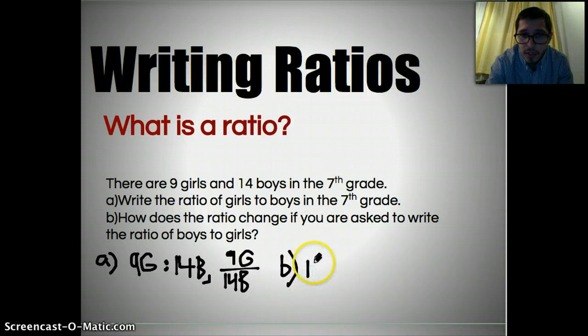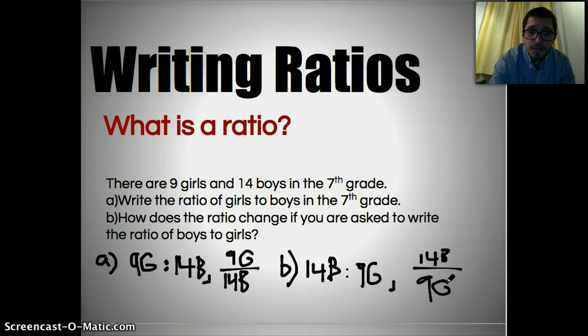You'd have 14 boys, 14B, to 9 girls, or 14B over 9G. Ultimately, we're taking a look at two different things related together, alright?